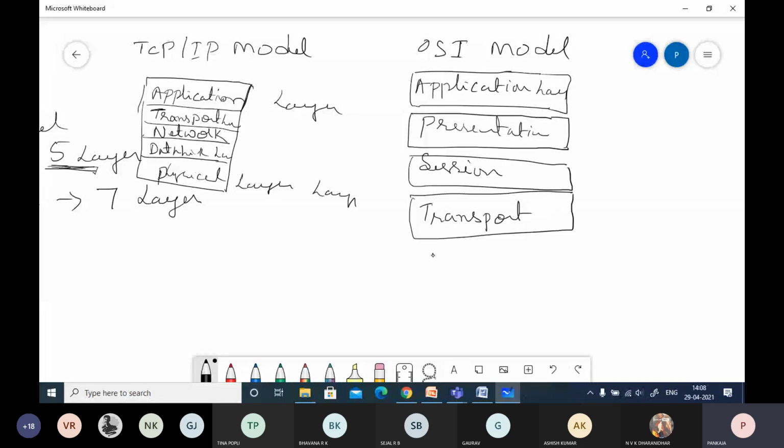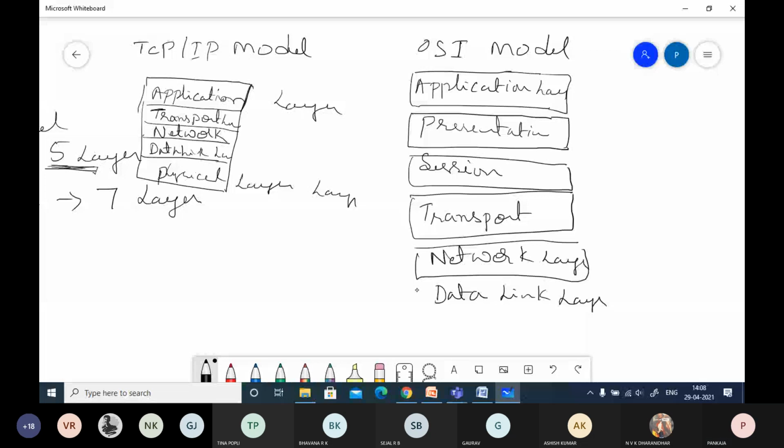See, the order is very important when you are telling the layers. In case you want, you can keep any shortcuts to remember the layers in order. I think I told some shortcut to remember the order. Data link layer, followed by physical layer.